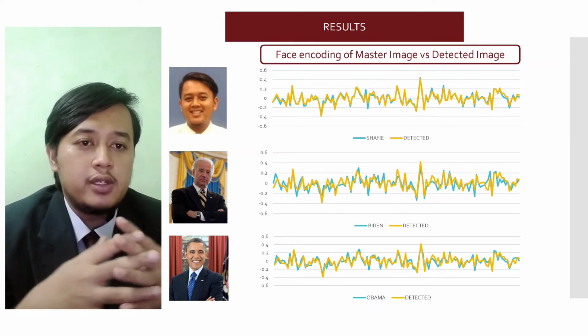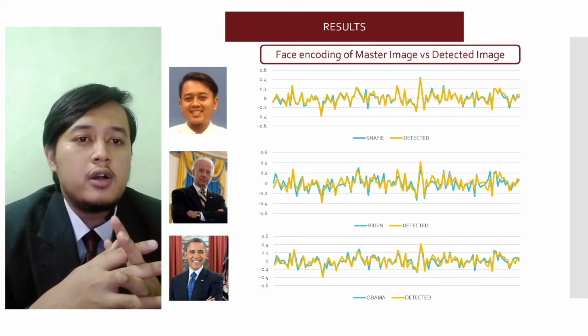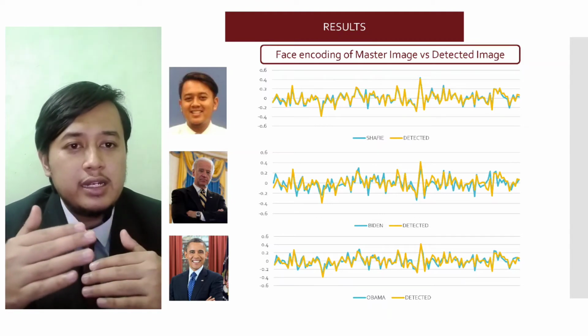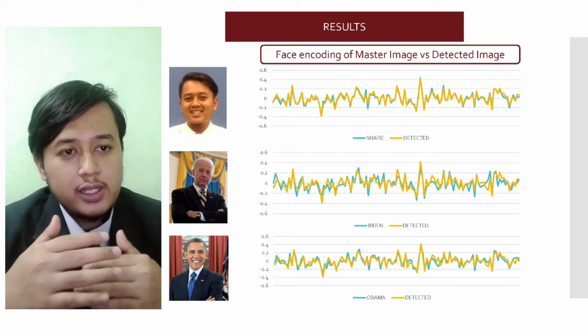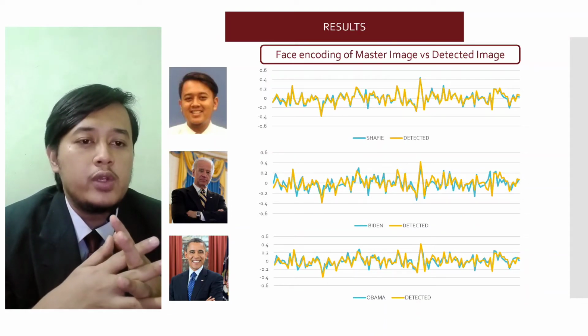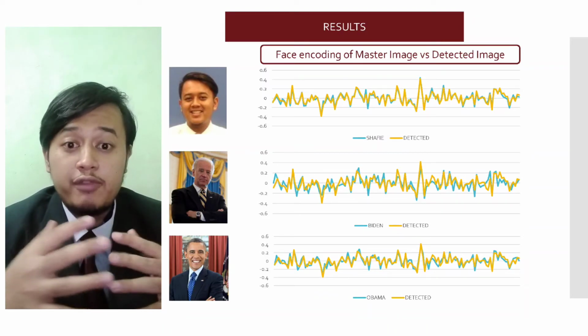The first pattern is the comparison between the master image of Shafie and the detected image. The pattern is slightly different. It's almost the same compared to the other two graphs, where we can see the differences quite obviously.